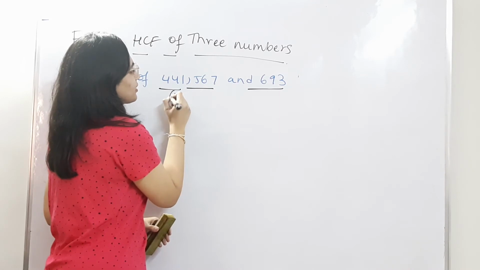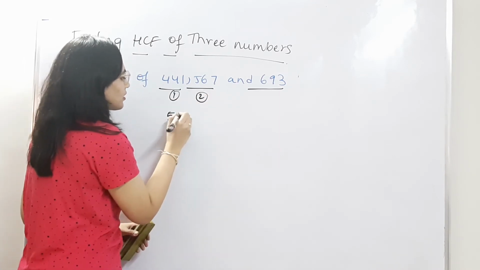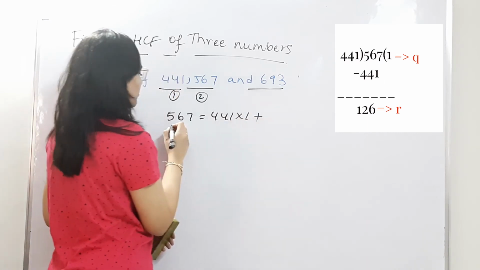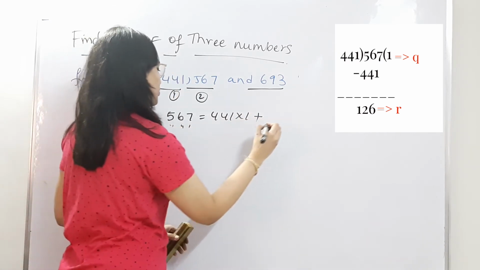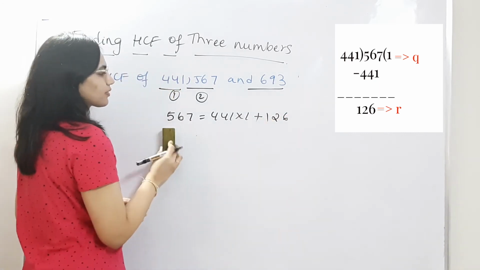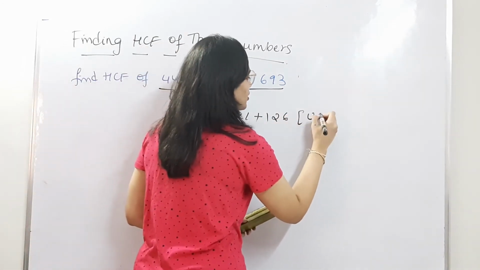Now let's see this in action. First let's take these two as the numbers. So can I write 567 as 441 plus what? 567 minus 441 is 126, right, using Euclid's division lemma.